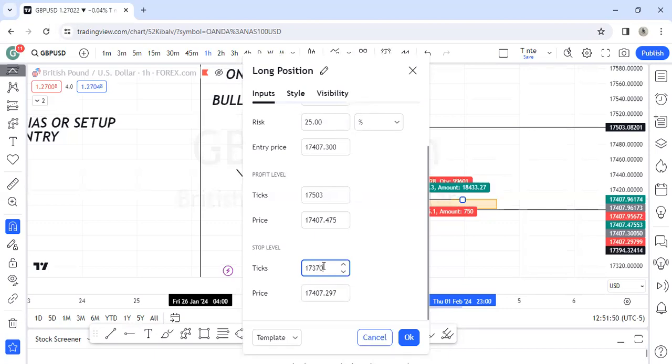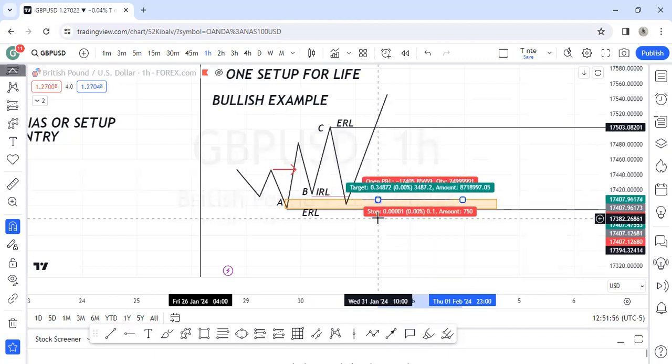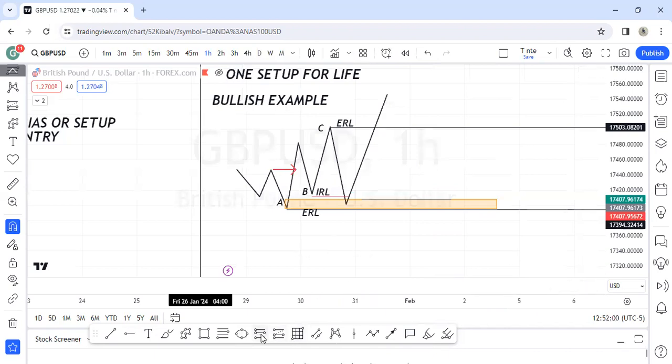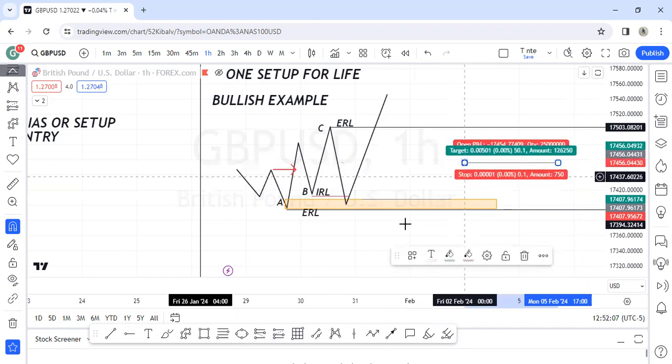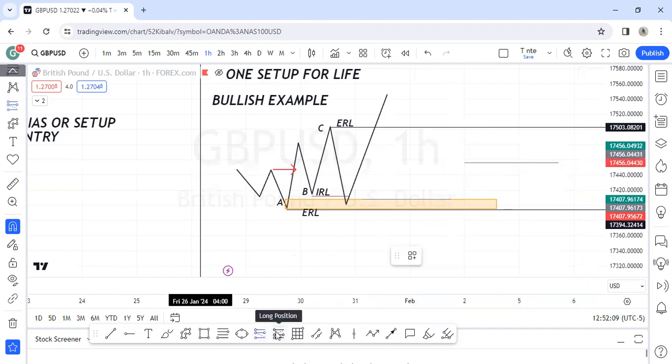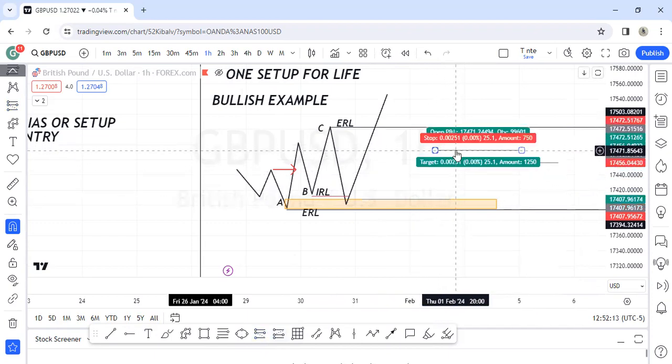I don't know why it's not working, and why my long position is not activating. Let me try the shorts. All right, let's just leave that one for now.